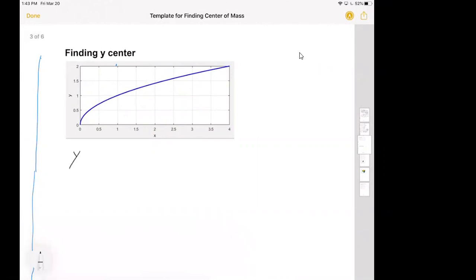So the y center of mass is going to be the integral, I'll just say from c to d, because it's not the same as the a and b values, of y times a function in terms of y, over the integral from c to d of g of y dy.